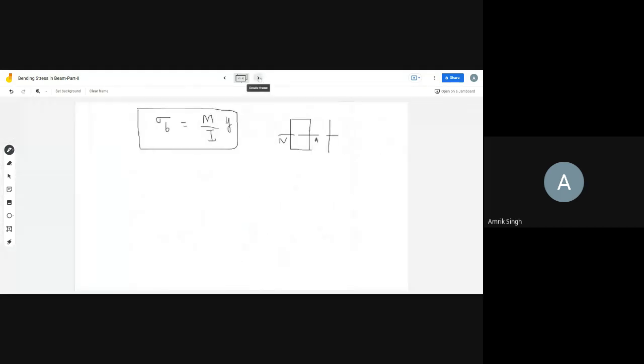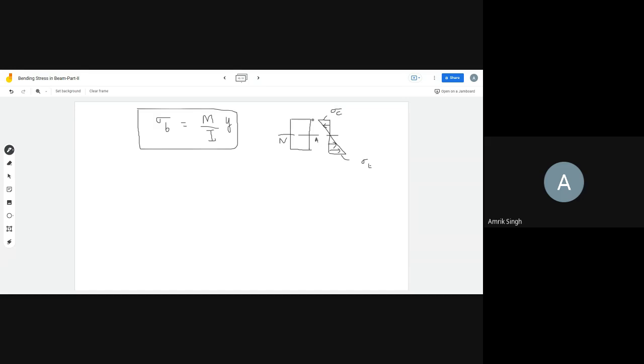So you have to draw the bending stress distribution. Here it will be compression and here it will be tension. So it is on the positive side. Because it is straight, that's why it is linear. So this is a stress distribution. So this is equal to sigma tensile and this is equal to sigma compressive.